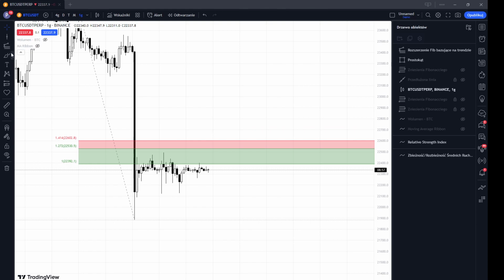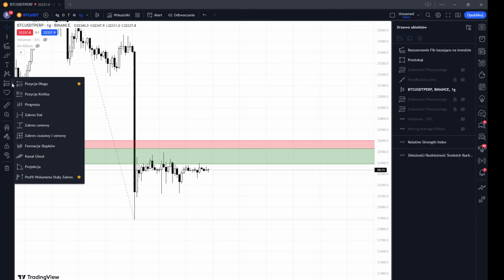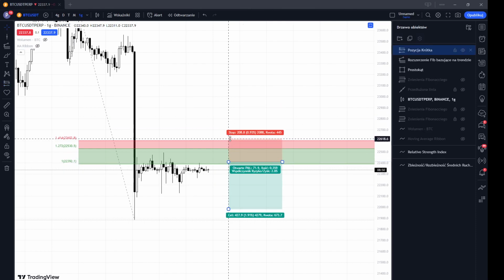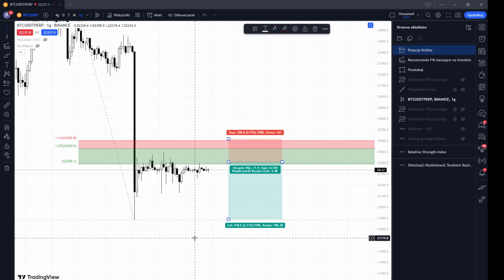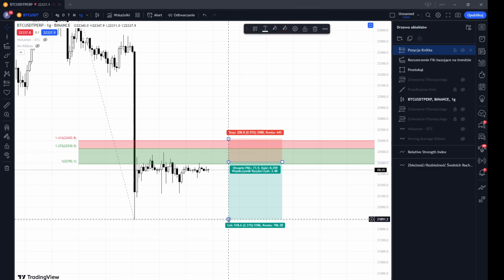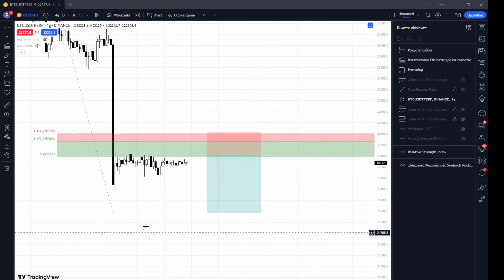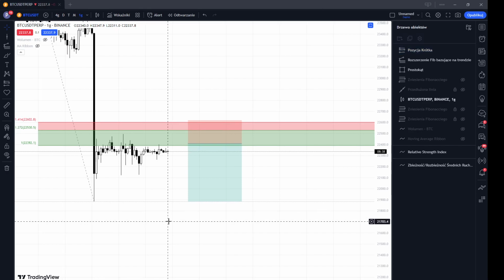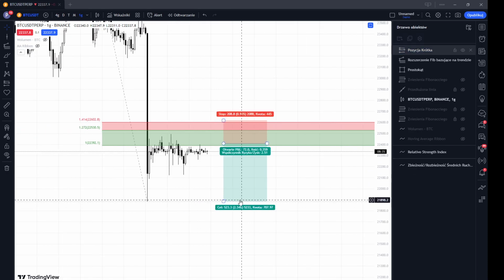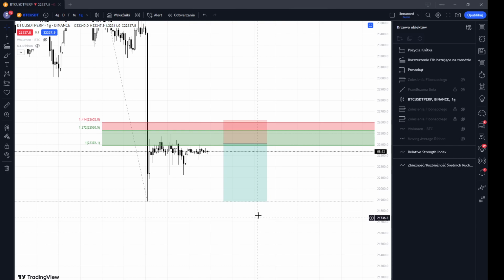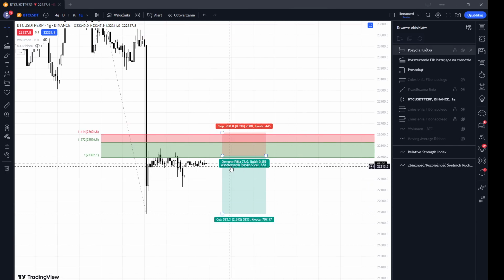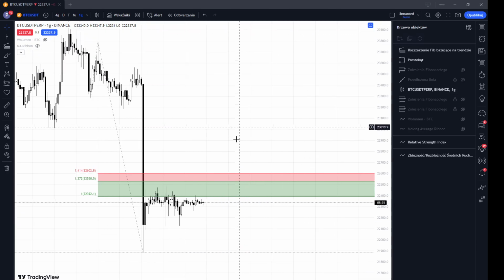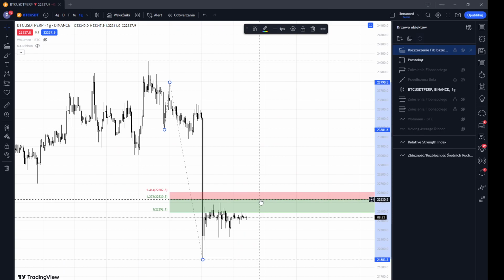I have my entry around here, this is my invalidation roughly, and this is where I close 50% of my shorts. If I get that, I get a nice 2.5 R to R, and then I let the remaining 50% run, so maybe I get even more. In the worst case scenario, it surges back up, and then I close my shorts at break even. So that's how it looks locally.